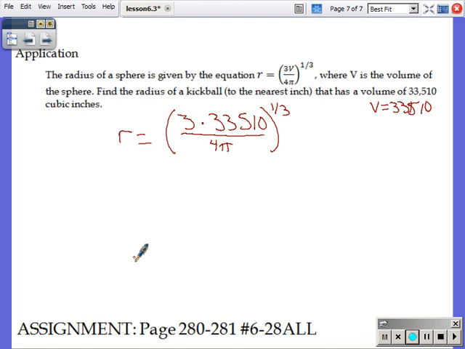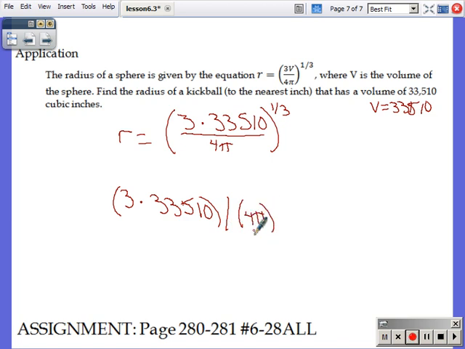My calculator, your calculator, can do all of that all at one time. Here's how I enter it. I'm going to do 3 times 33,510. But I want that whole thing to be divided by the whole thing 4 pi.